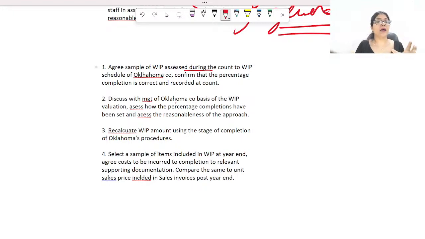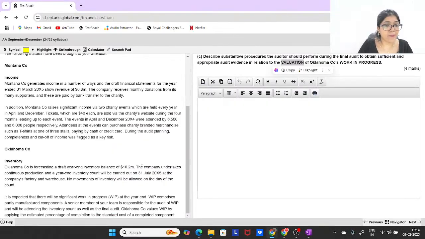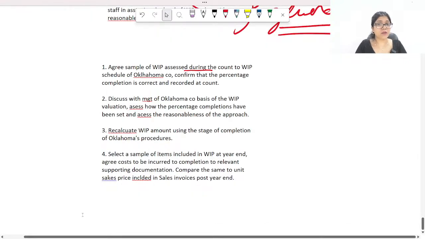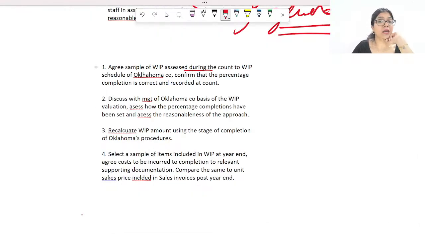We will be taking the samples of those and confirming the percentage of completion. So again, they refer to the percentage completion over here. Values WIP by applying the estimated percentage of completion, right? So again, this is case specific, using the percentage completion is correct and recorded at the count.